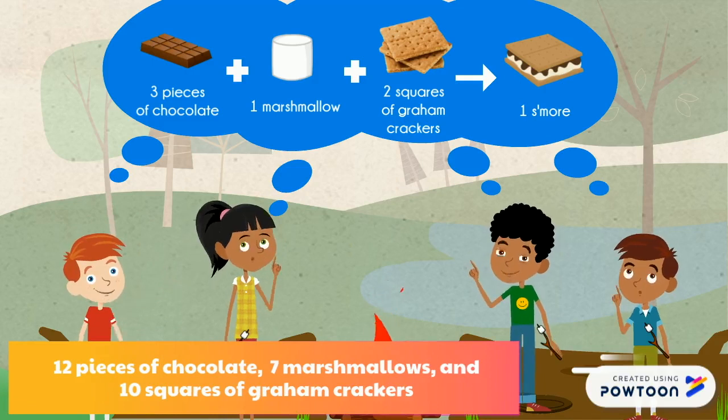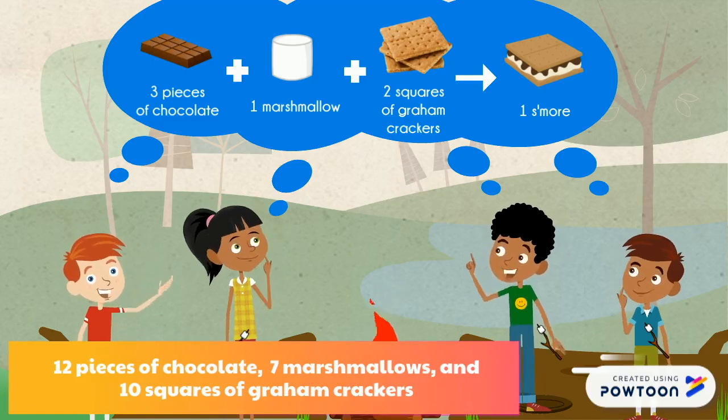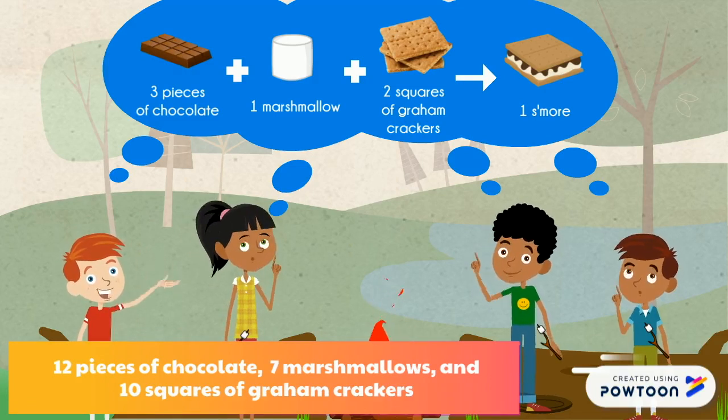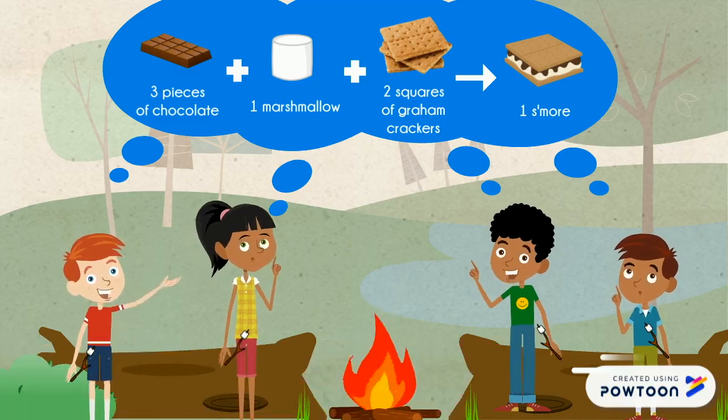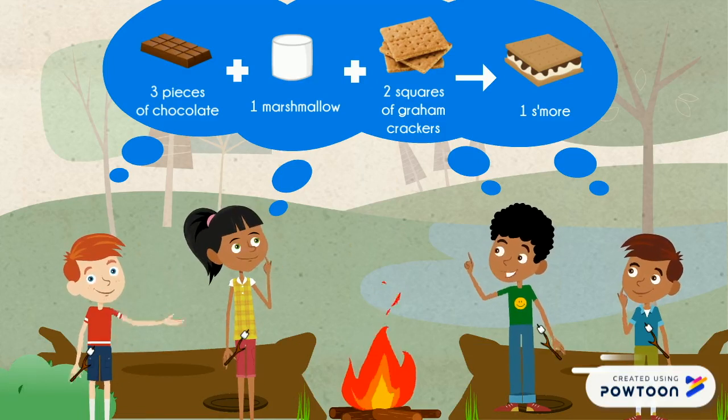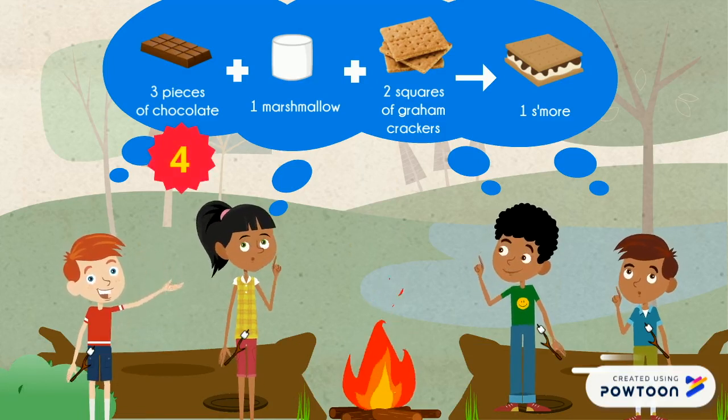An easy way to determine this is to determine how many s'mores they could make using all of each ingredient if the others were not limited. If all 12 pieces of chocolate were used and the other ingredients were not limited, we could divide by 3 pieces per s'more and see that they have enough to make 4 s'mores.